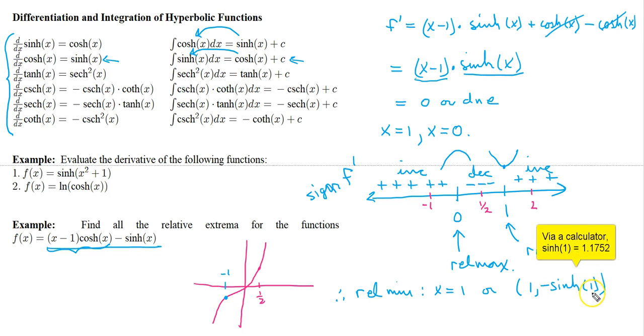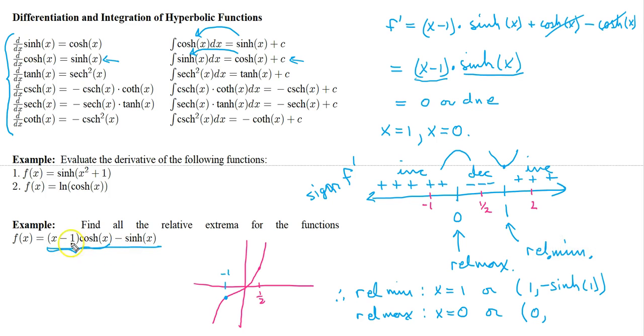So that's the point on the graph where you have a relative minimum, and then you have a relative maximum occurring when x equals 0, or this is the point on the graph if I put 0 in here for x, I'll get negative 1 times the cosh of 0 minus the sinh of 0.